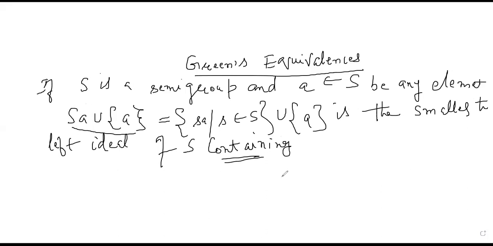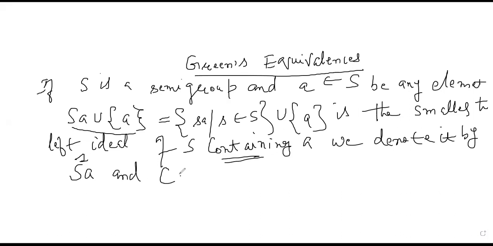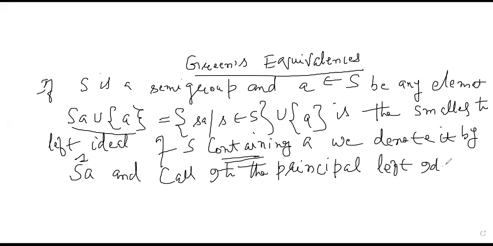So it is actually the smallest ideal containing A. And we denote it by this symbol S1A, and call it the principal left ideal generated by A.